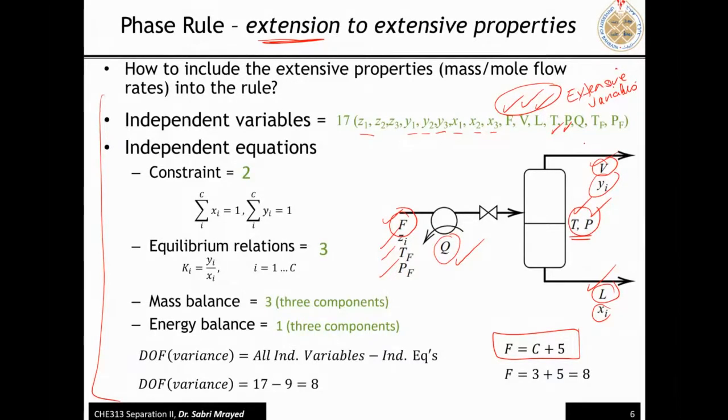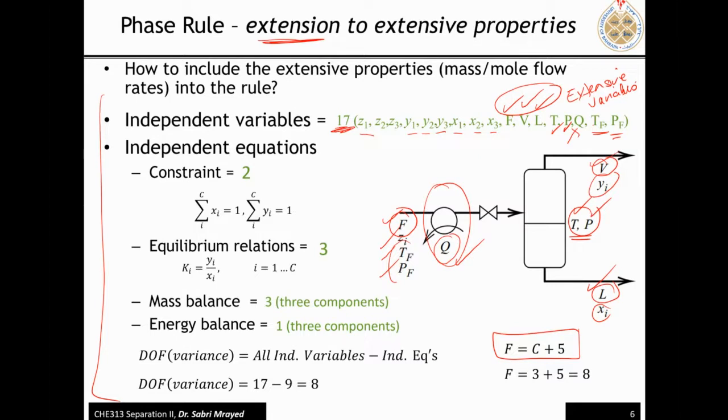But also, since heating or cooling is happening here, we're going to have a different temperature of the feed, so we have to add these also. And since we're doing some heating, in our system there is also another variable called Q. So if you count these 1, 2, 3, 4, 5, 6, 7, 8, 9, 10, 11, 12, 13, 14, 15, 16, 17. So you have 17 variables. They are a mix of intensive and extensive variables.